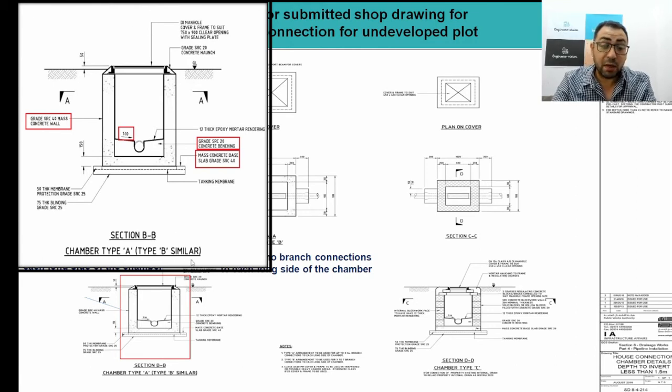What does benching mean? Benching means the shape of the channels inside the manhole that will take the flow through it, and we'll go into details about this issue in the future, but for now I'm giving you a brief idea about the system itself.